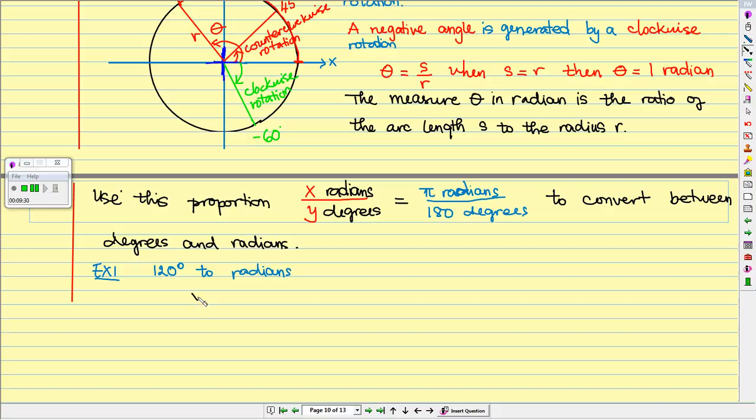So you will have x radians over 120 degrees equals pi radians over 180 degrees.